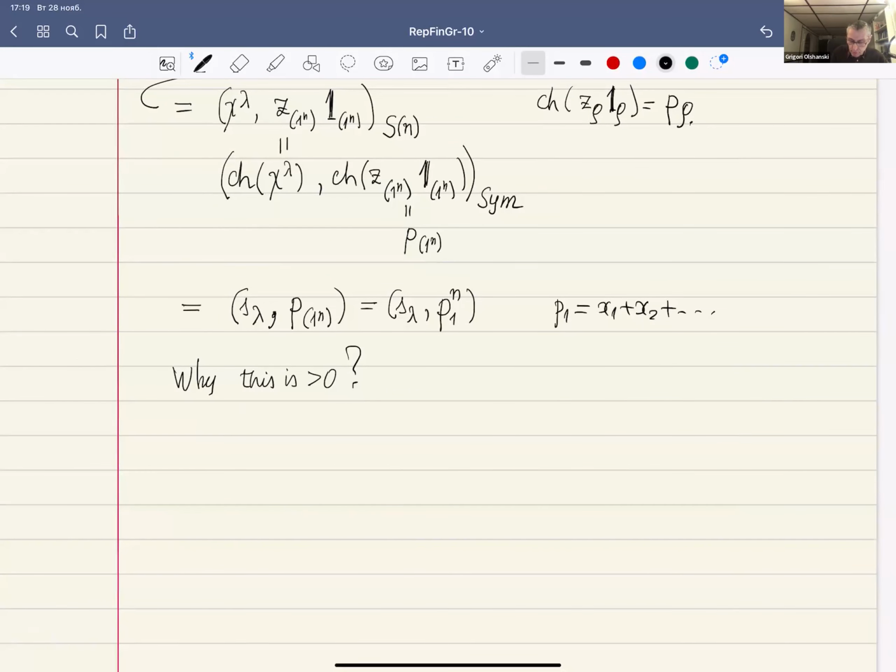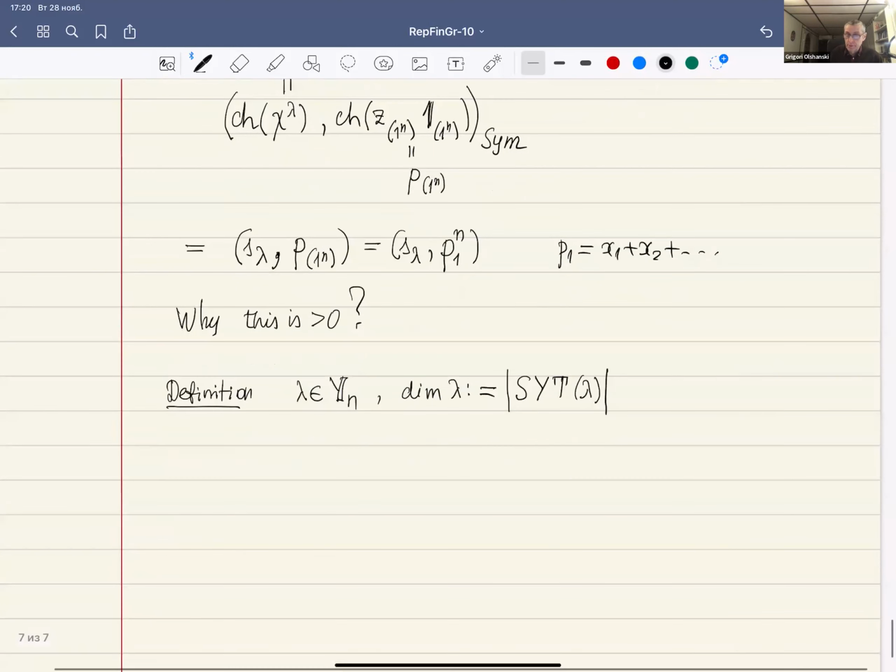So let me introduce the following definition. If lambda is a Young diagram with n boxes, the dimension of the Young diagram is by definition the quantity of standard Young tableaux of the form lambda. So let me recall what a standard Young tableau is.